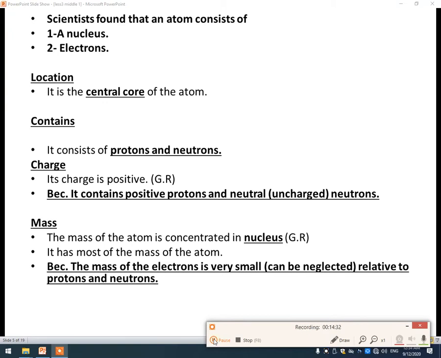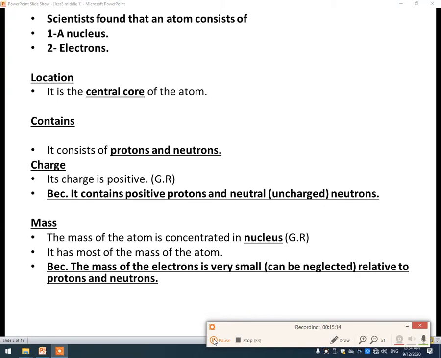Now, before talking about the mass of the nucleus, I want to tell you some information about the electrons. Like we said, the atom consists of a nucleus, and around it there are electrons which revolve around it. You have to know that the mass of the protons inside the nucleus is very high, and the mass of the electrons found around the nucleus is very, very small.